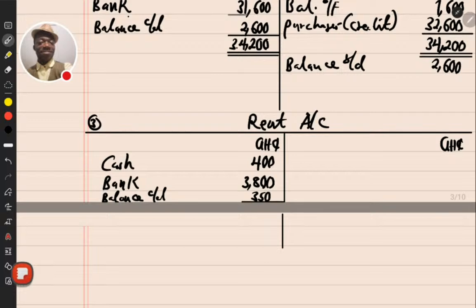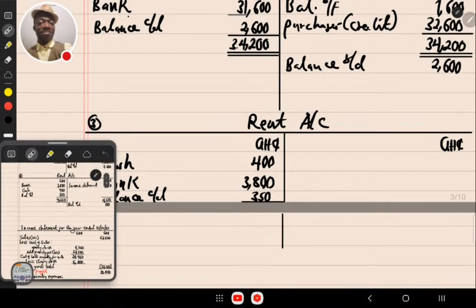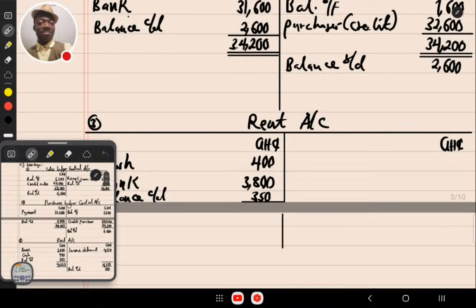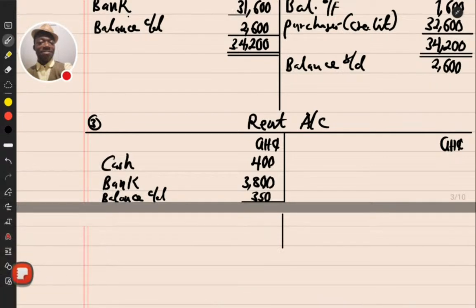So what will be the totals? When we add, we're supposed to get... here, let's see what I had per my calculation. I had the rent figure to be what? 4,550. So 4,550 as a total.